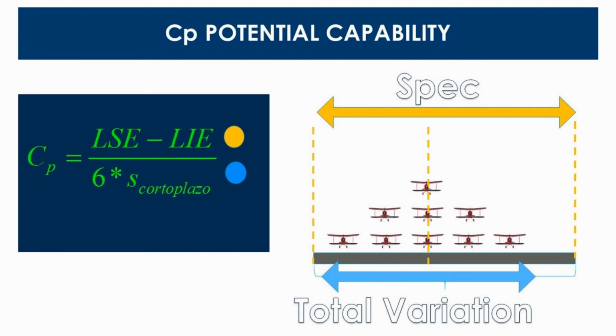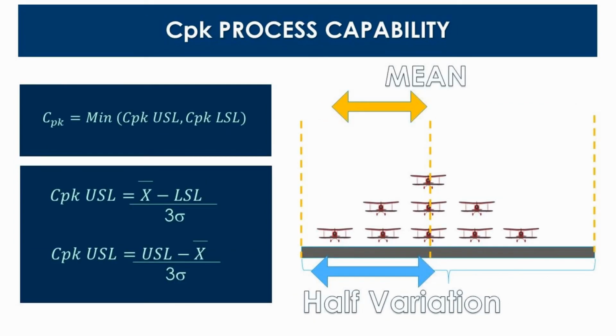And then we need to calculate the CPK, which compares your variation to the closest limit. It could be the lower or the upper spec limit. For that calculation, you take the distance between the mean and the spec limit and divide it by half of the variation.